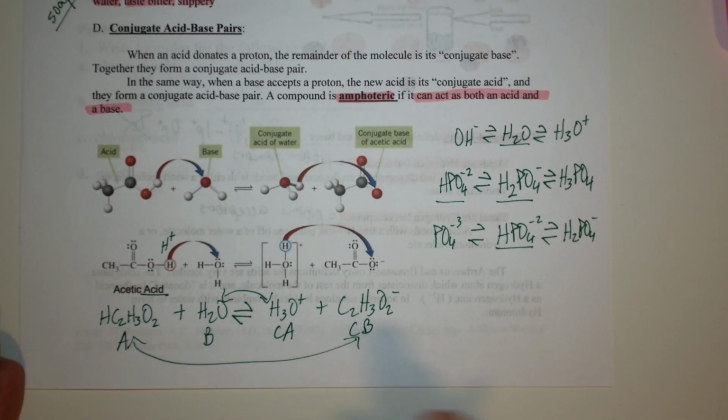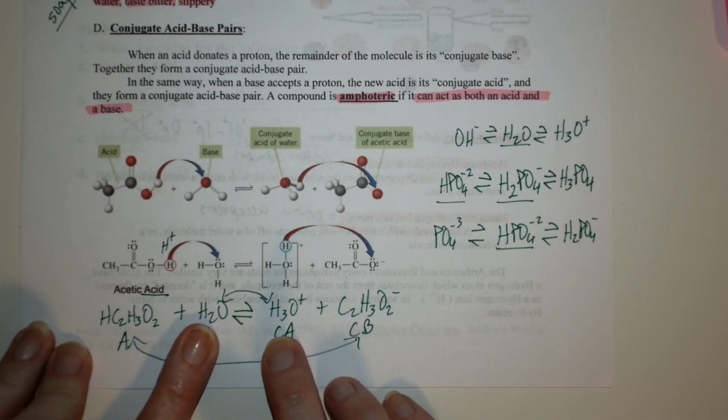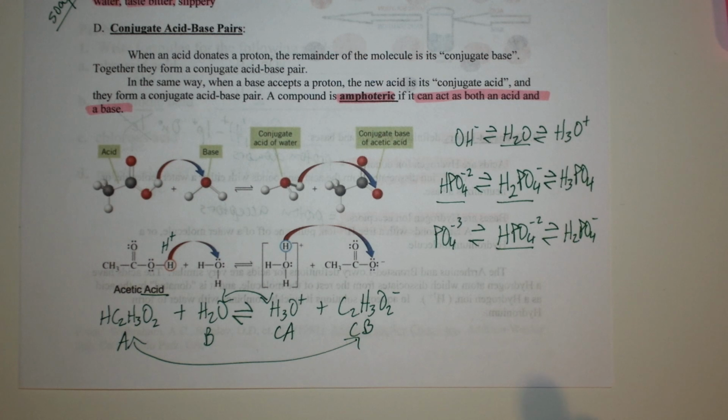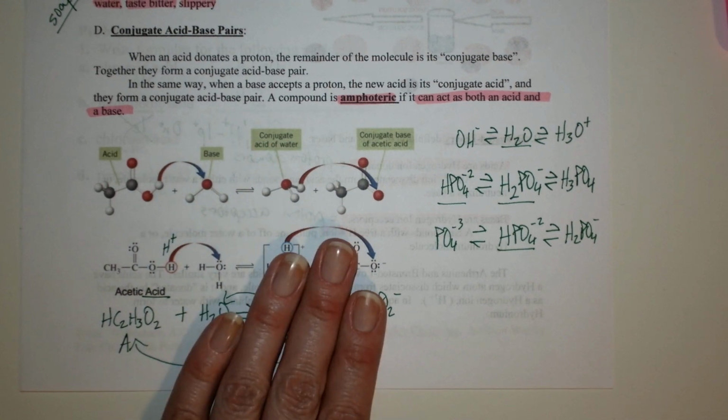It doesn't necessarily always flow the same way, as in the outers going together and the inners going together. That's not the way it works at all. I'm saying the acid, after it gives off a hydrogen, the leftovers become the conjugate base. The base, after it gains a hydrogen, becomes the conjugate acid. It flips.